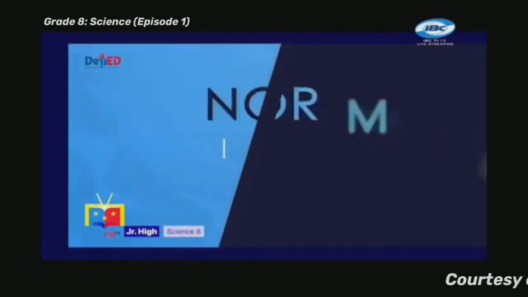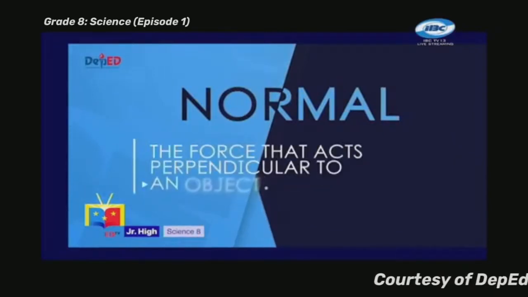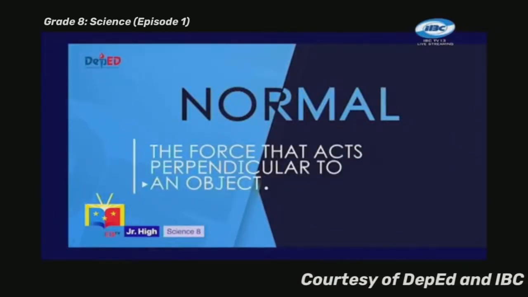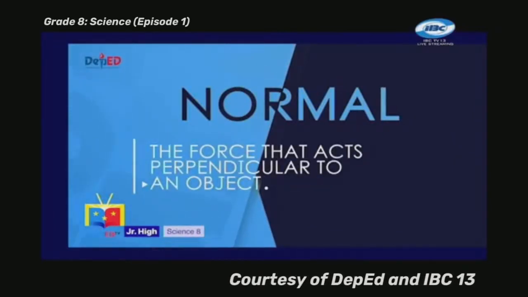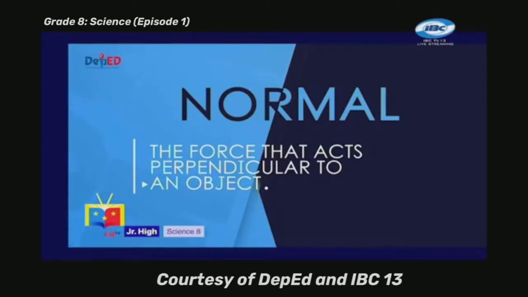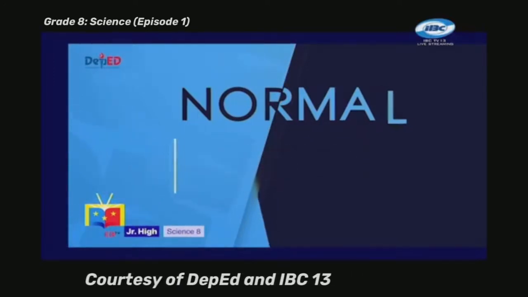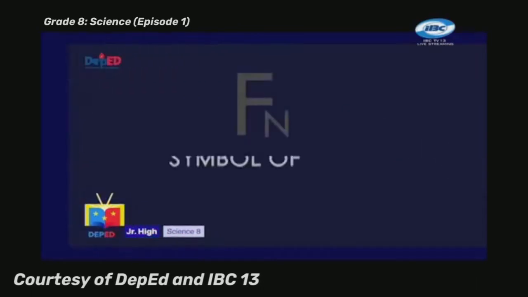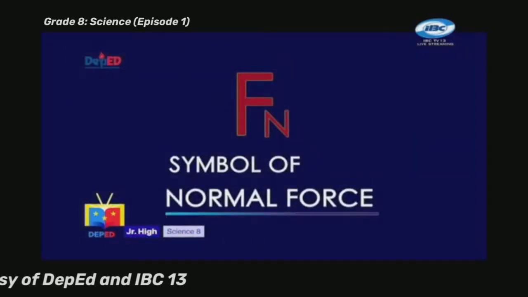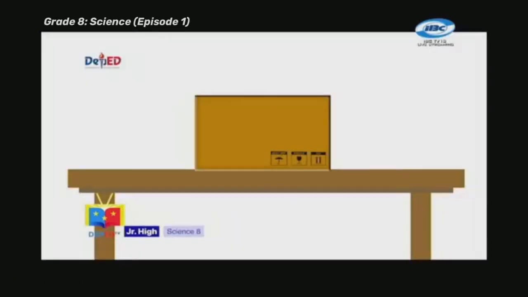Let's keep going. Another example of a contact force is normal force. When we say normal force, it is the force that acts perpendicular to an object. We use F of N as a symbol for the normal force. Let's take for example a box on top of the table.